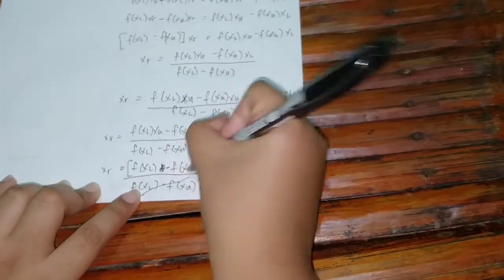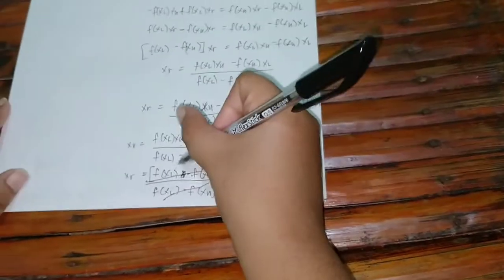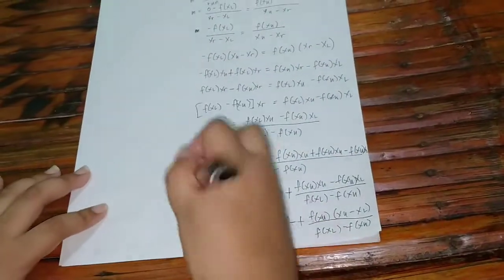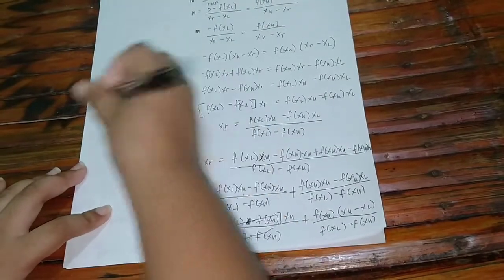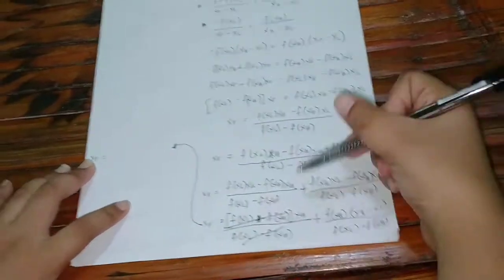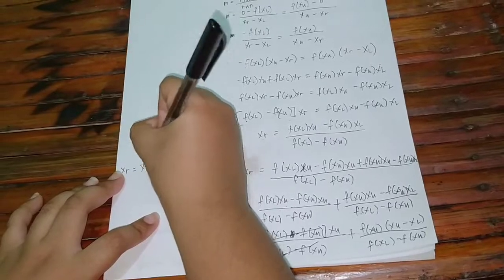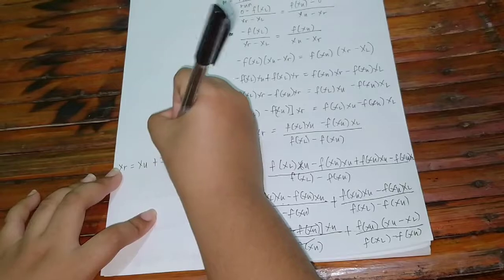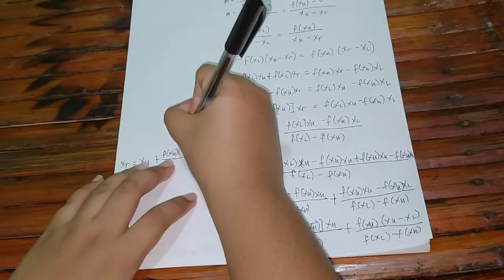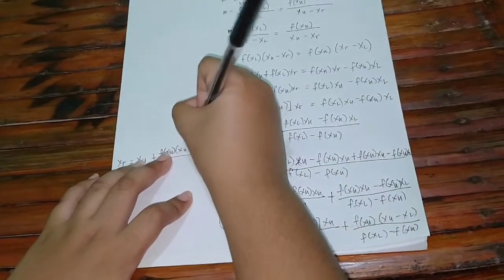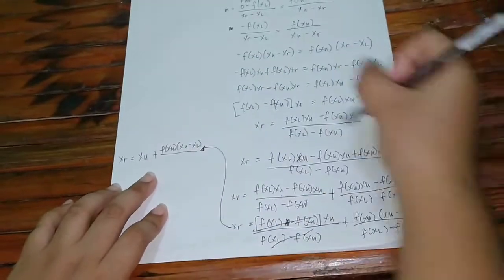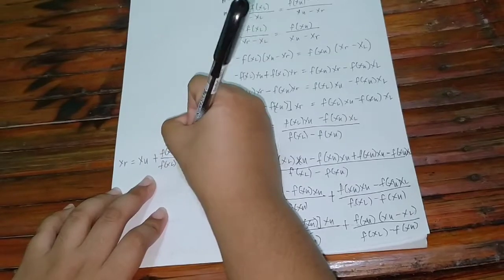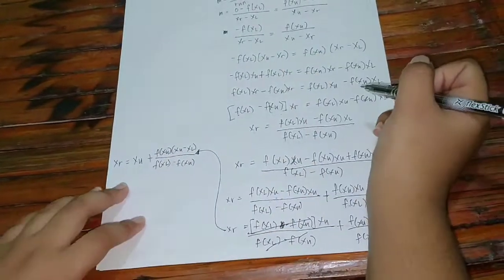We can now cancel this one since it has the same, so here the x_R, the remaining is x_U plus f(x_U) multiplied by x_U minus x_L over f(x_L) minus f(x_U).